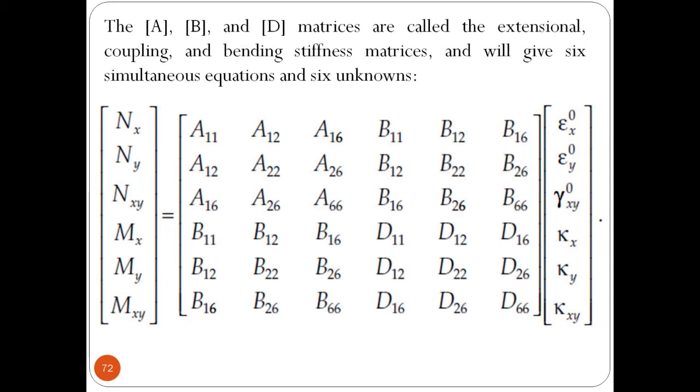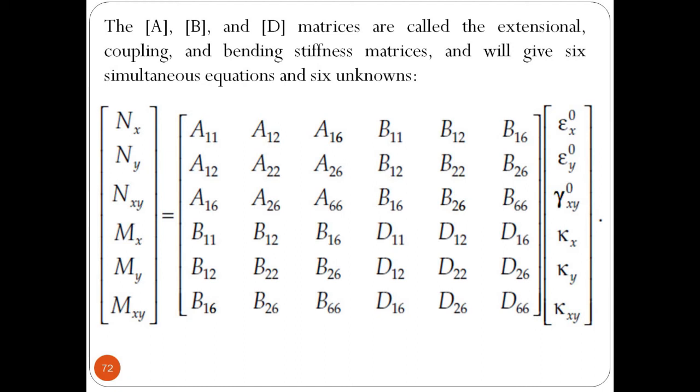A is the extensional matrix, which is responsible for taking up the stresses, and the D matrix is for the flexural calculations. Finally, these two matrices are coupled with the help of the coupling matrix, capital B. With this fully populated 6 by 6 matrix, we are able to generate 6 equations in order to calculate the 6 unknown quantities.